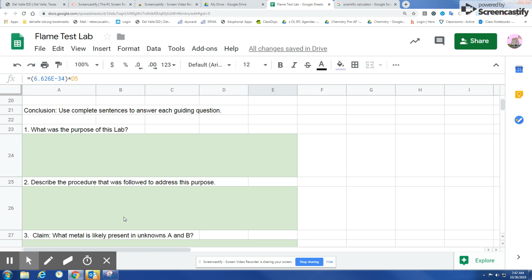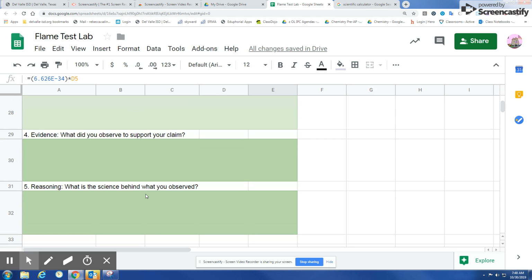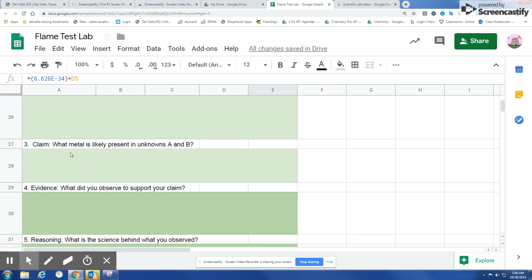The procedure, quickly talk about what you did in this lab, and then your claim, evidence, and reasoning. Answer our main question, what was the identity of A and B, in complete sentences? What did you actually observe? Talk about things that you saw with your eyes in the lab.